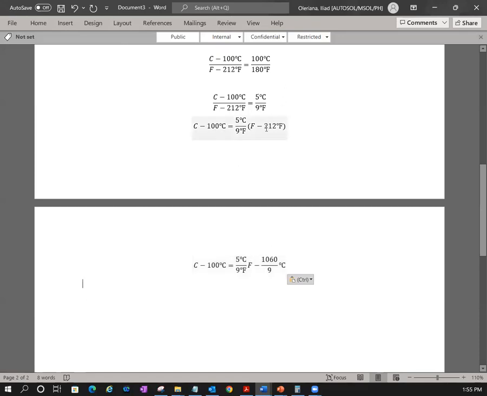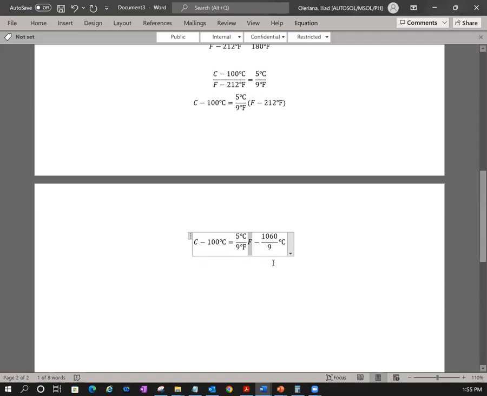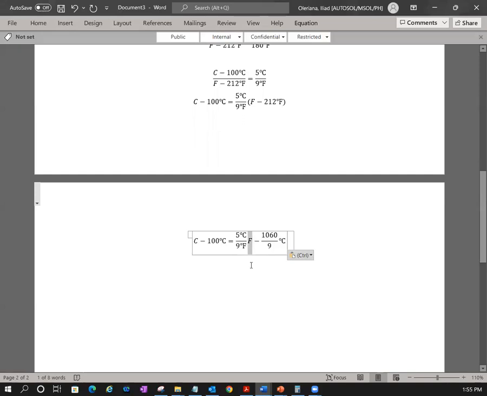Then here, the 212 degrees Fahrenheit, since it is in degrees Fahrenheit, when you multiply it by this factor, the degrees Fahrenheit cancels out. So that is why it is degrees Celsius here. Same here, when you substitute a temperature in Fahrenheit, of course, since it is F, the degrees Fahrenheit cancels out, retaining the unit of degrees Celsius.